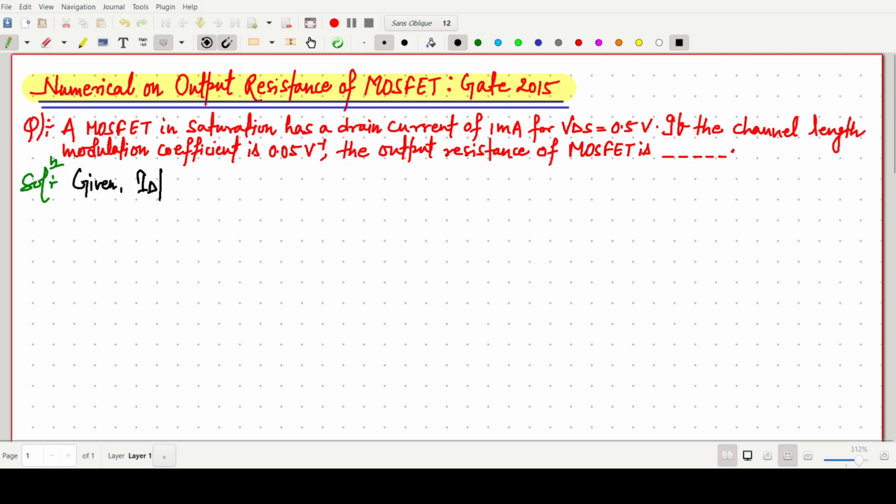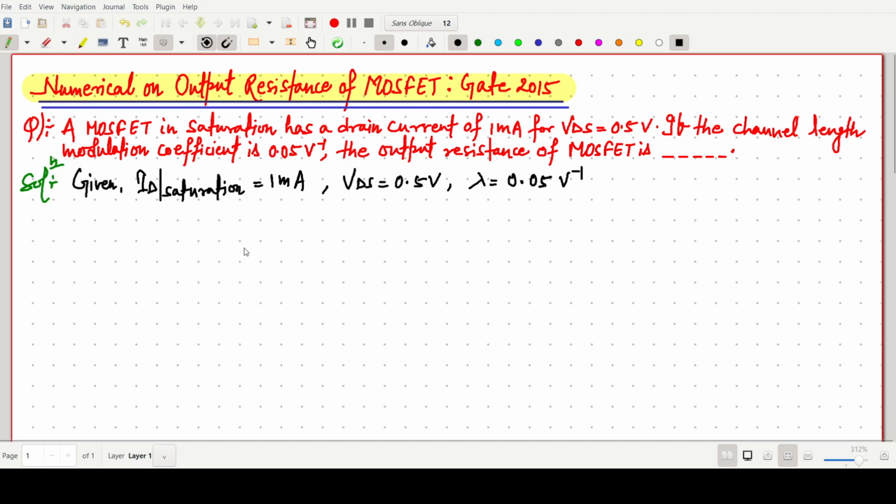The ID value in the saturation region is 1 milliampere, for VDS equal to 0.5 volt, and the channel length modulation coefficient, lambda, is 0.05 volt inverse.